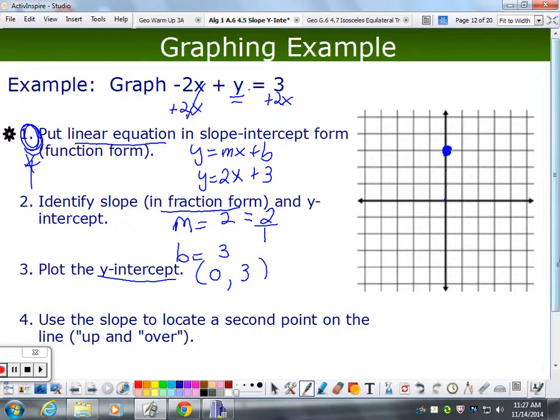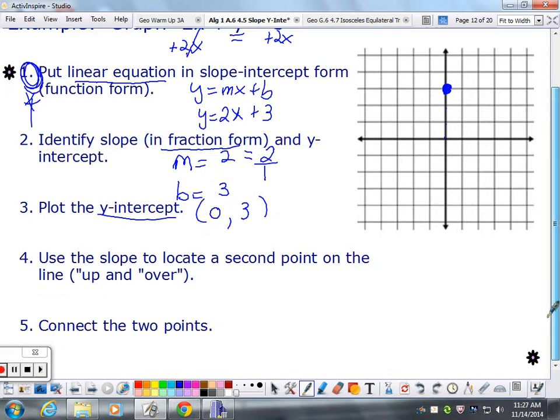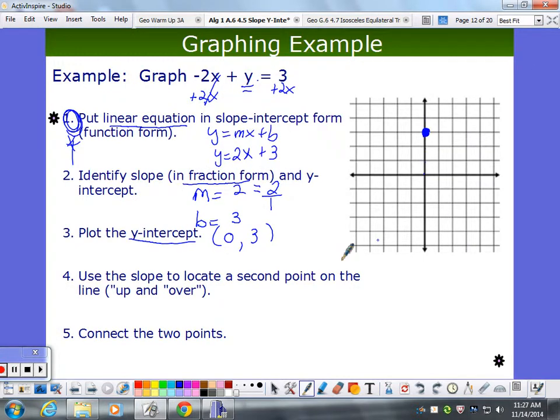Okay, now here comes the fun part. I love this graphing method. It is fun. You're going to use slope. Now remember how we said find the slope when you were counting boxes? So we're kind of doing that same thing. My slope is 2 over 1, and that's your change in y over your change in x, right?